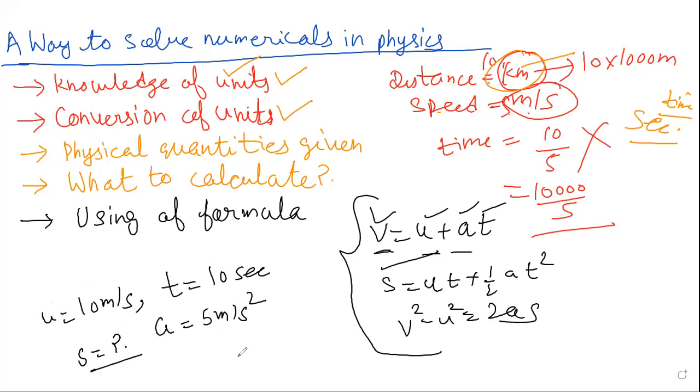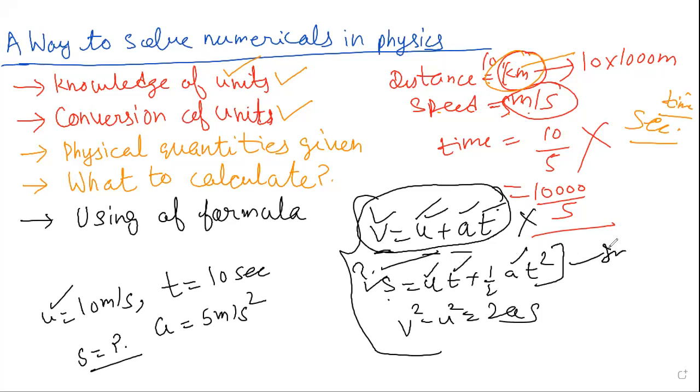Now, which formula will we use? How will I identify it? u is given, t is given here. First of all, s is not given because I have to calculate distance, so I will not use this. Then I will go for this. Distance I have to calculate. Initial velocity I have, time I have, acceleration I have. Simply I can use this one.